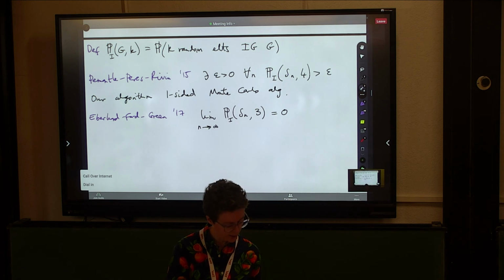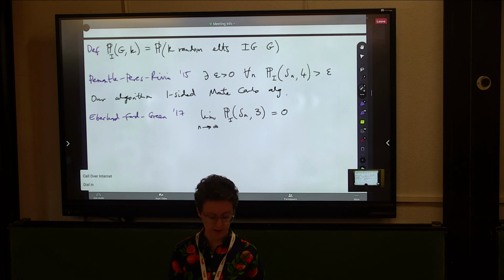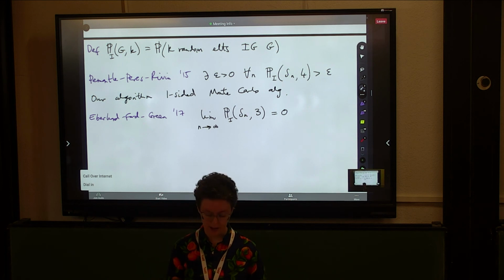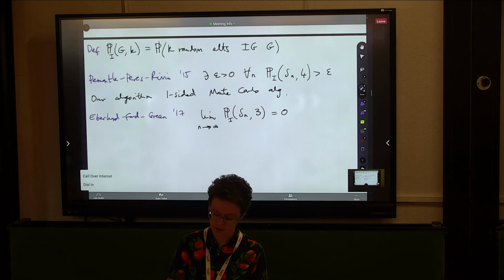Okay, so I think I should wrap up now, but I'm just going to briefly advertise what happens for general finite simple groups. So here I've written Sn, it's also true for An, they're the same in this case. And for the finite simple groups, you can also get some similar results.